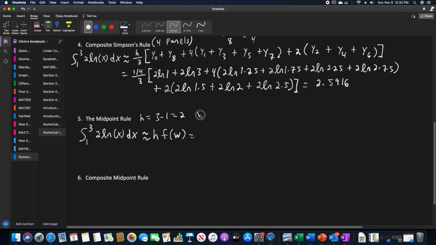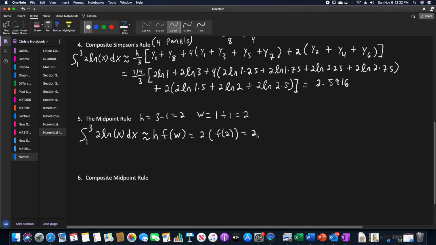So w takes the initial value that we had of 1, and we are going to add to that simply just 1 to get to the midpoint value of 2, since 2 is halfway between 3 and 1. This is going to be 2 times, well, simply f of 2.